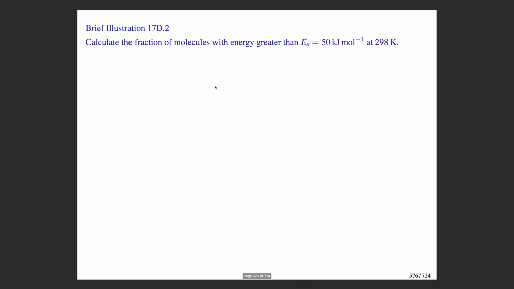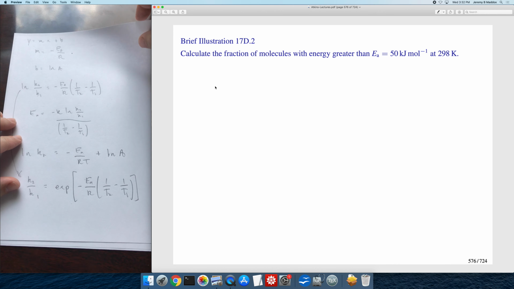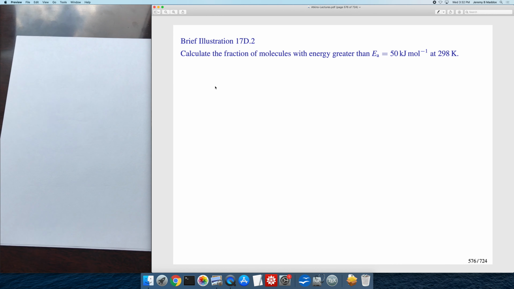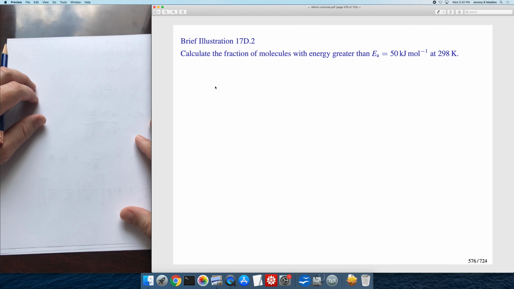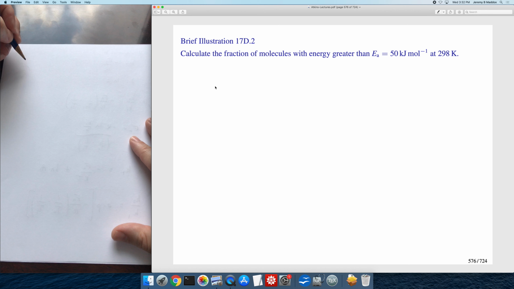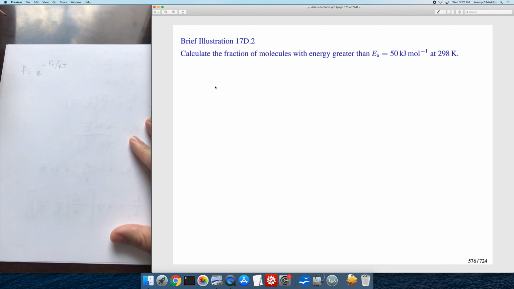And here is a little problem dealing with that. They want us to do a calculation with the Arrhenius factor. Calculate the fraction of molecules with an energy greater than this activation energy. And it's very easy to do. e to the minus the activation energy divided by RT. Here's my calculator.